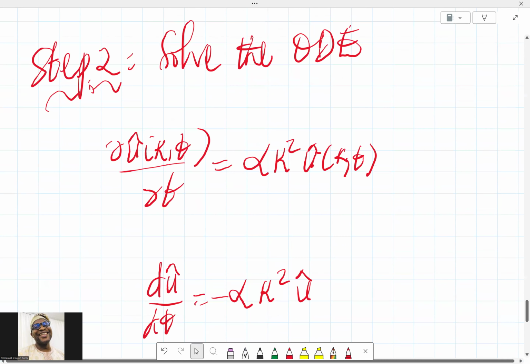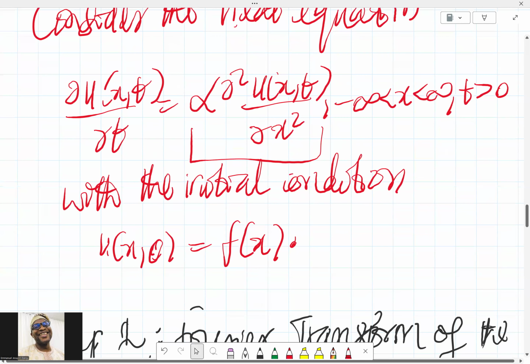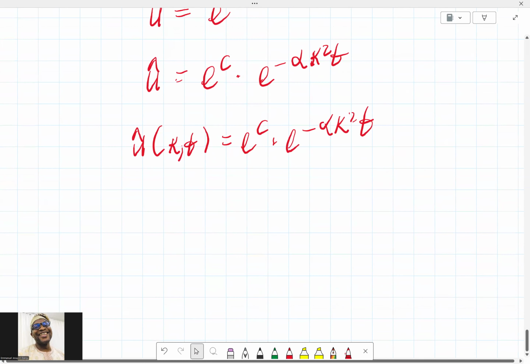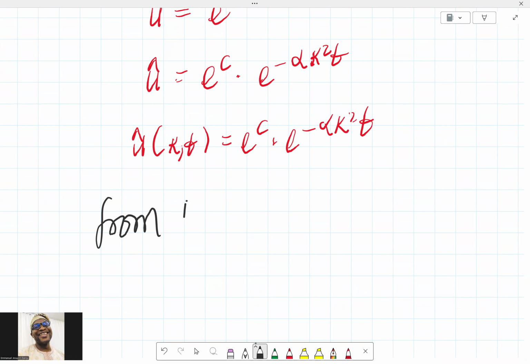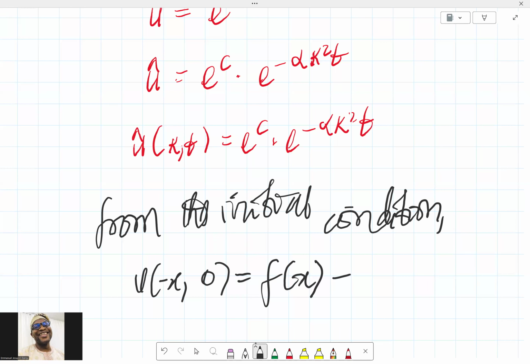But we have an initial condition, if you remember, which says that at time 0, u is f of x. From the initial condition, u of x comma 0 equals f of x. This simply implies that t is 0 and u is f of x when t is 0.